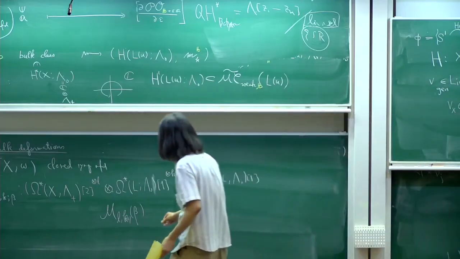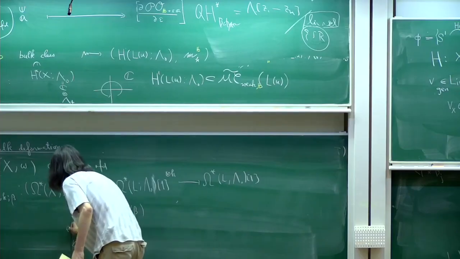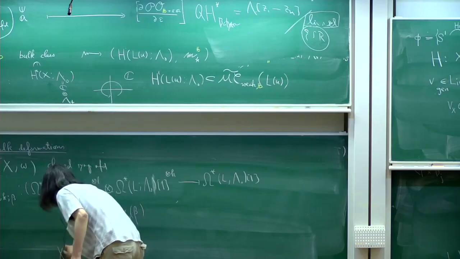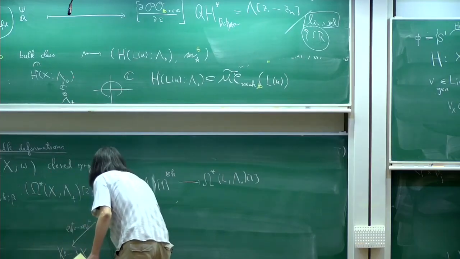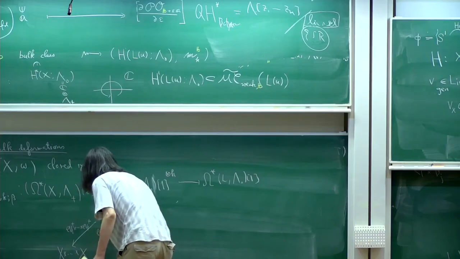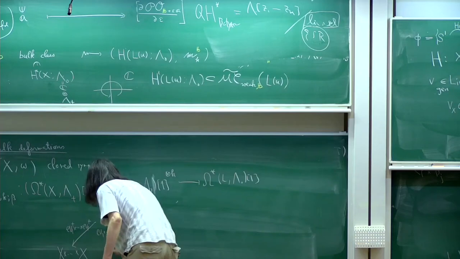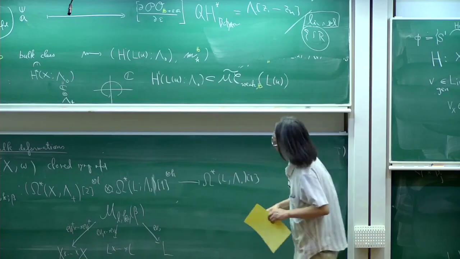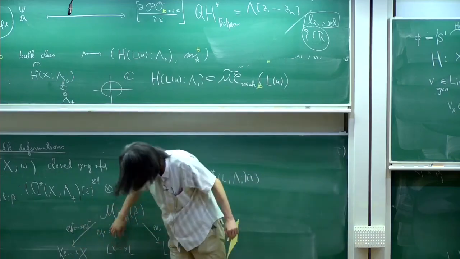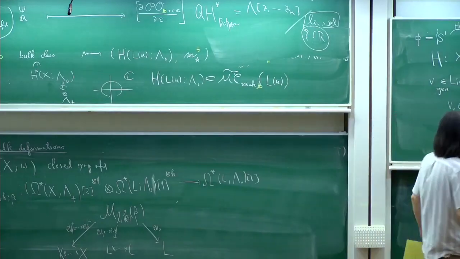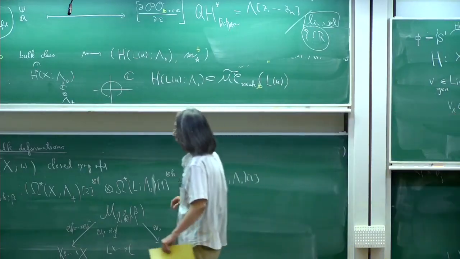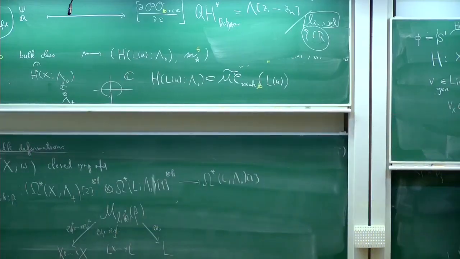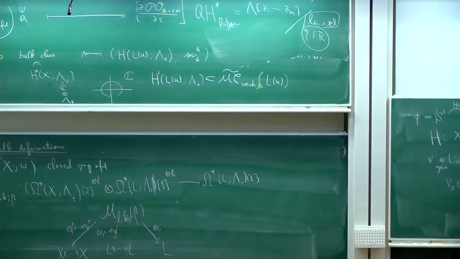And so I have a map like this, ev_1^+ through ev_l^+, going to the product of X. And then here I have ev_1 through ev_k going to L times L. And then finally it is mapped to X. So you pull back the differential form here, and then integrate over the fiber. So this is actually a deformation, and it satisfies certain relations, like the A-infinity relation. But anyway, I just skip this.